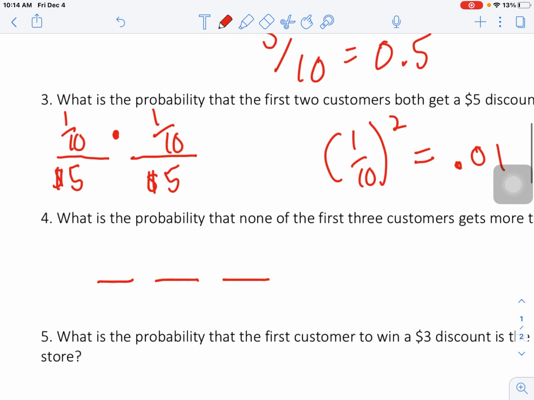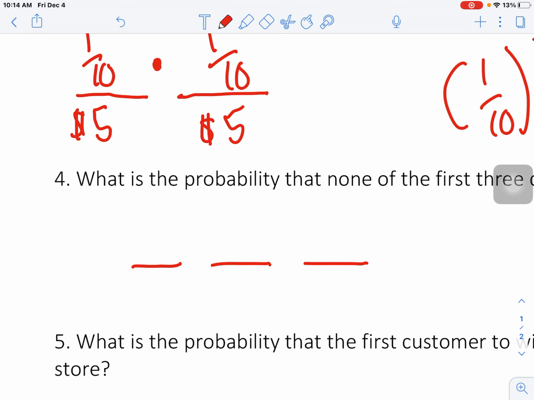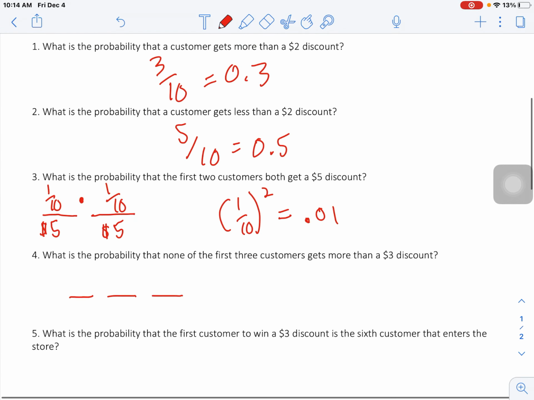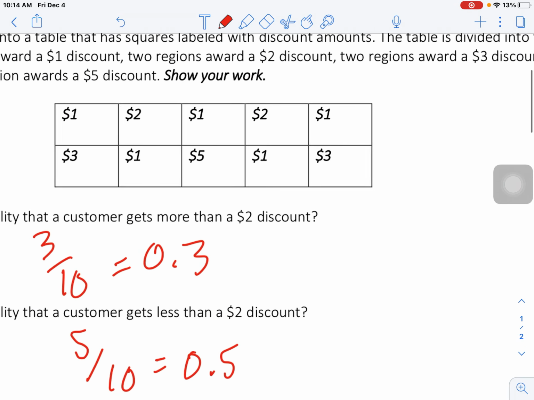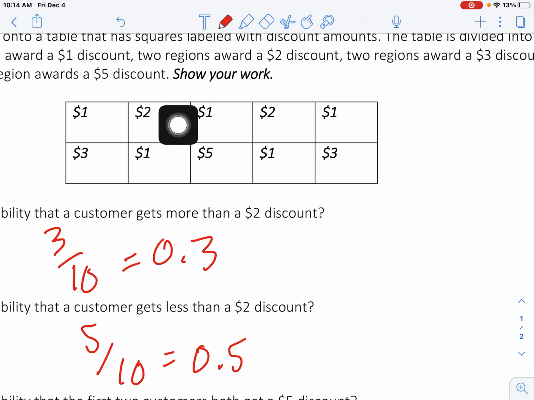So each of these customers can get a $1, $2, or $3 discount. They just can't get more than $3. Well, if I look at my table over here, all of these work except this $5 one. So there's a 90% chance that we get a discount that's not more than $3.